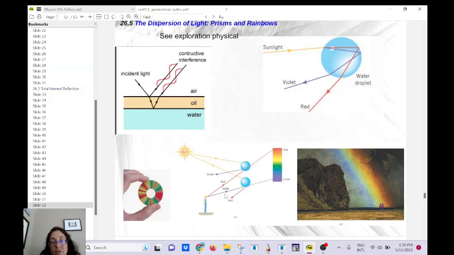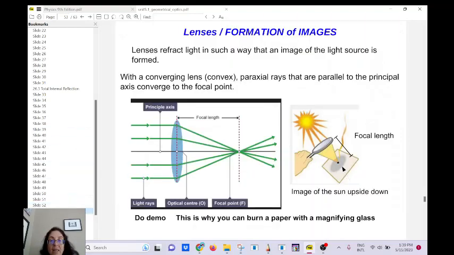Okay, so that's how it works. You can see here red always in the same direction, and blue always in the same direction, refracted in the same direction because they are all in the same water, the same medium. So you're going to see your violet from that direction. So it's like a virtual image.